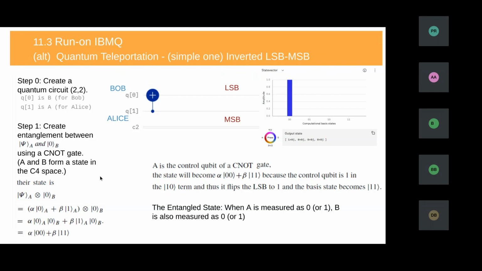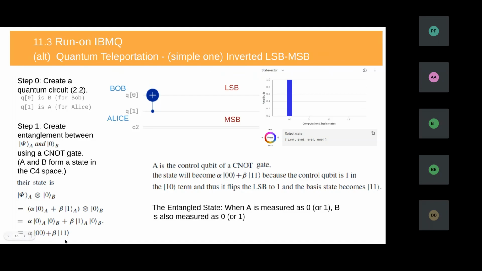So we know that we already have a formula where we said that if we have A, B, C, D, alpha, beta, gamma, delta, there are standard coefficients which we apply. And at some point, we don't even need this because we know that all this boils down to having alpha 0, 0 plus beta 1, 1.